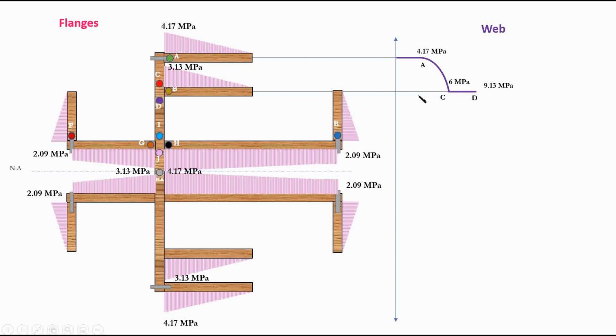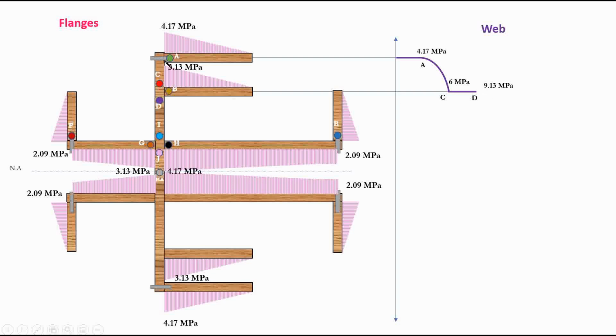It's just an additional stress to the web. So suddenly you just add 3.13 megapascal to this 6 megapascal that we already had, which is 9.13 megapascal. Again, 9.13 megapascal was the value that we found previously for each of these points.